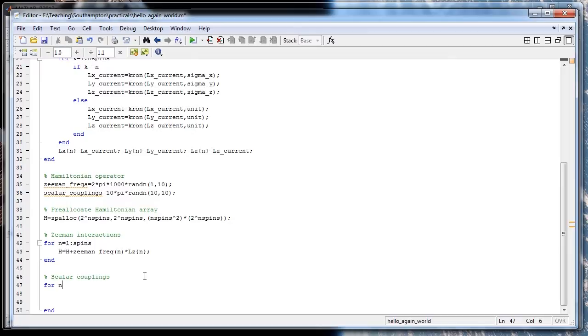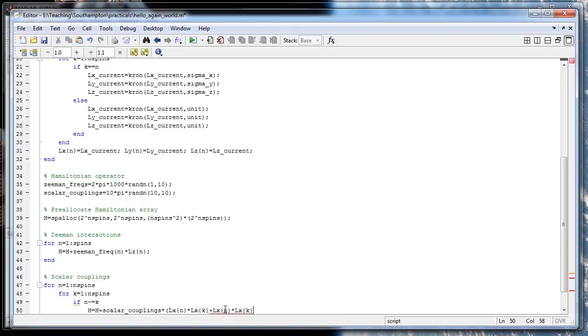So for n from 1 to n spins, for k from 1 to n spins, and then if n is not equal to k, we say H is H plus scalar couplings times Lx from spin n times Lx from spin k, plus the same term for Ly plus the same term for Lz.